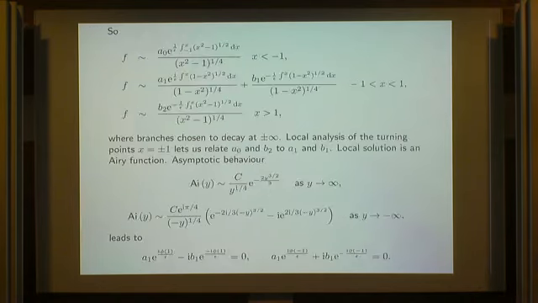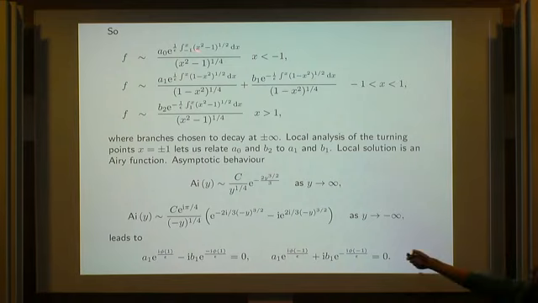equation, and so I now want to impose the conditions that it vanishes at infinity and minus infinity. So if x is less than minus 1, then I should choose that. Remember, it was e to the i times the square root of 1 minus x squared. So I have to decide whether to choose that to be plus or minus, and it turns out that I'm going to write it as the square root of x squared minus 1 if x is less than minus 1, so I'm taking the square root of a positive number, and then I want a plus sign in order that it decays as x goes to minus infinity.